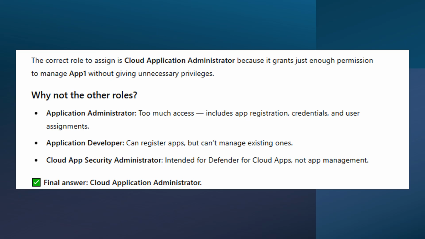Application developer can register apps but cannot manage existing ones. And the Cloud App Security Administrator is intended for Defender for Cloud Apps and does not have any app management capability. So the final answer is the Cloud Application Administrator.